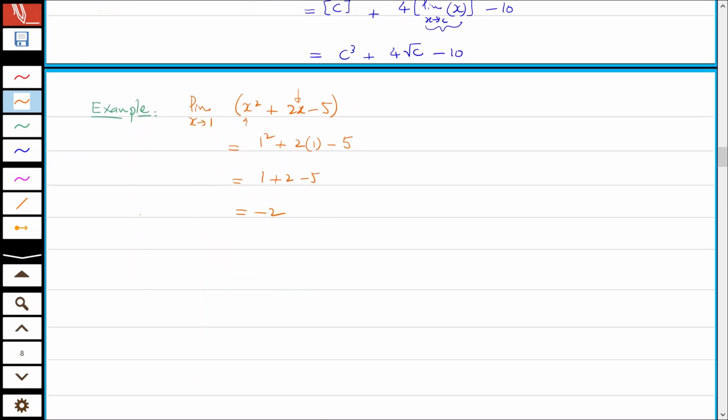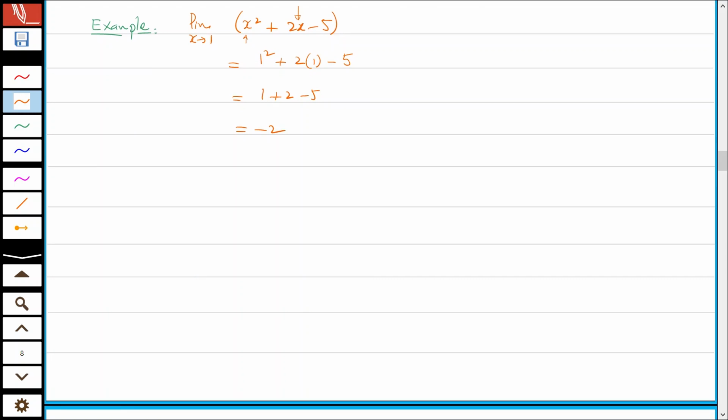One last result that I want to mention here is, again, let's write that as a theorem. And it's about limits of polynomials.